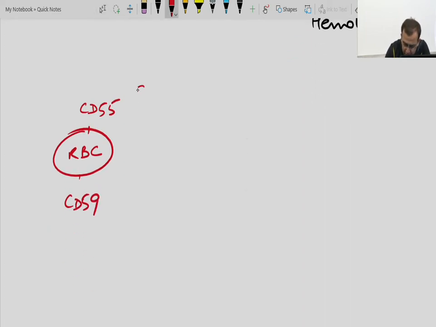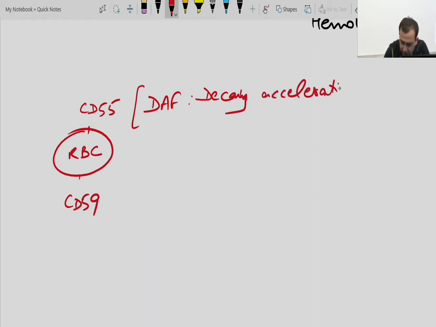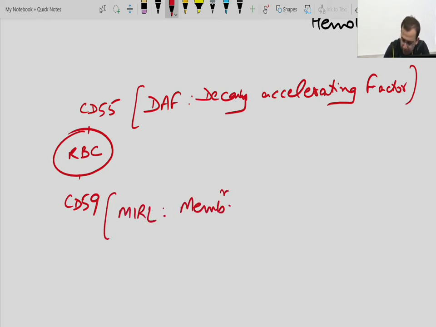CD55 stands for DAF, which is decay accelerating factor, whereas CD59 stands for MIRL, that is membrane inhibitor of reactive lysis.